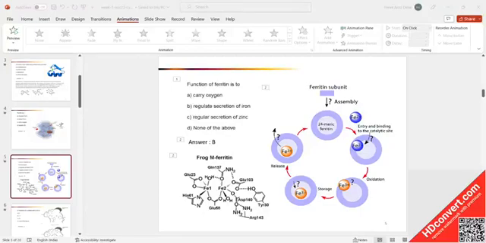The next question is about the iron carrier in microorganisms.